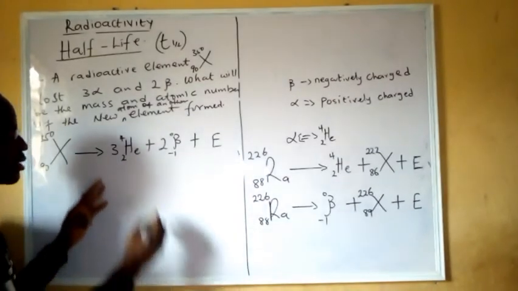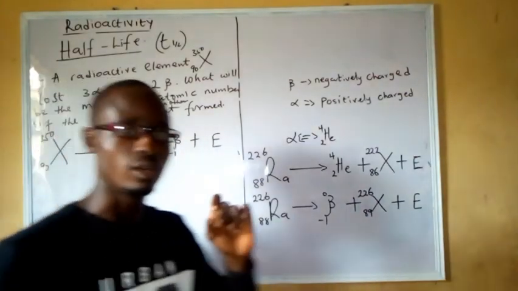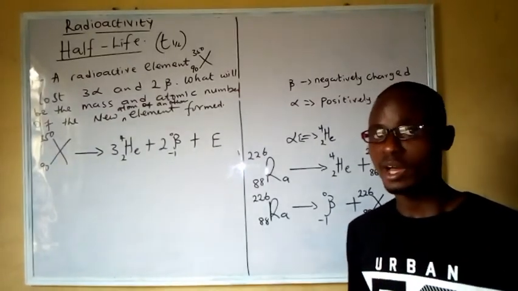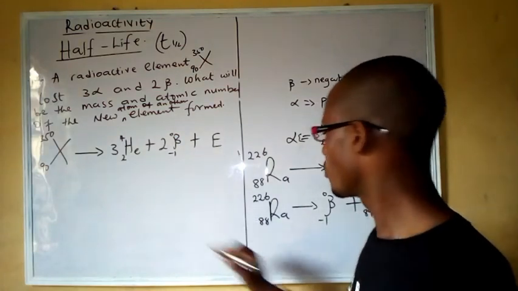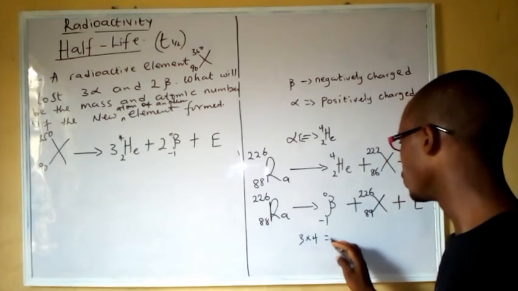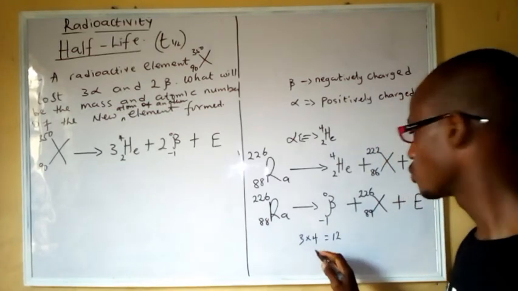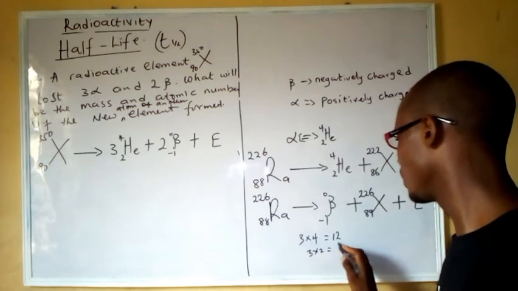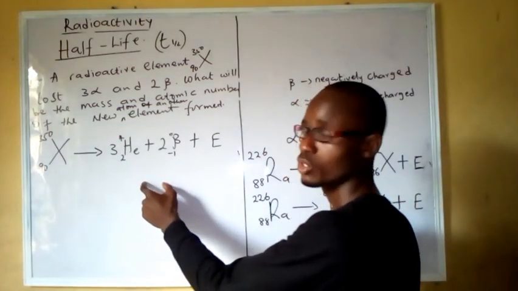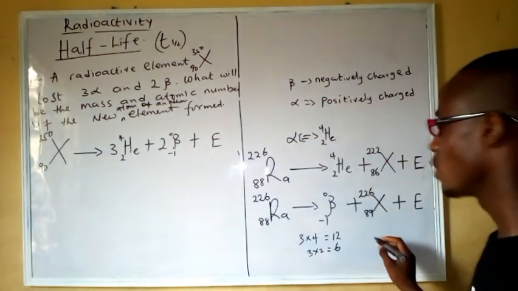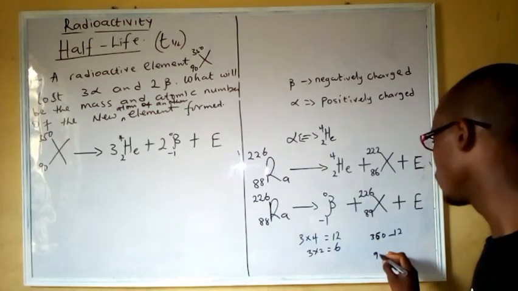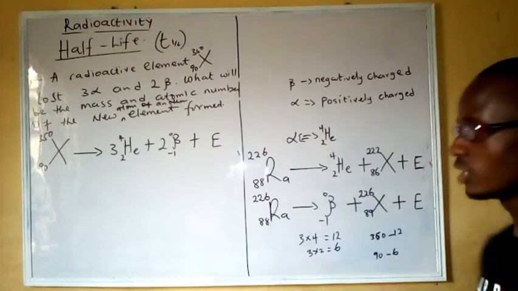Losing an alpha particle reduces your mass number by 4 and reduces your atomic number by 2. So with 3 alpha particles, there will be a loss in mass number of 3 times 4, which is 12, and a loss in atomic number of 3 times 2, which is 6. So in the process of losing the 3 alpha particles, we have 350 minus 12, then 90 minus 6 in the first phase.